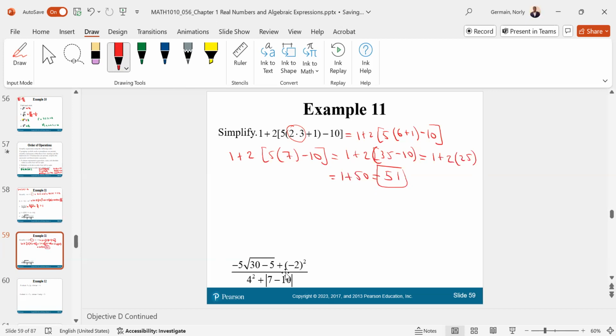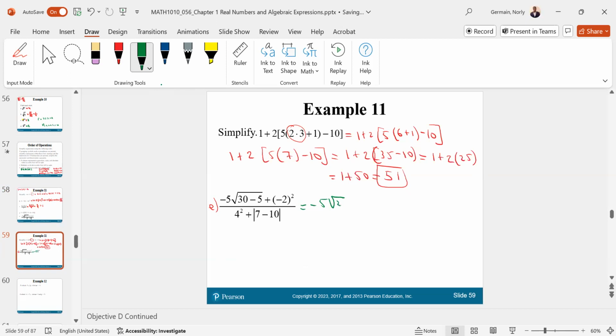If we take the next example, remember this one, it was E. I know this one can be more complicated. First of all, we have a -5 outside. Square root of 30 minus 5 gives you square root of 25, plus -2.